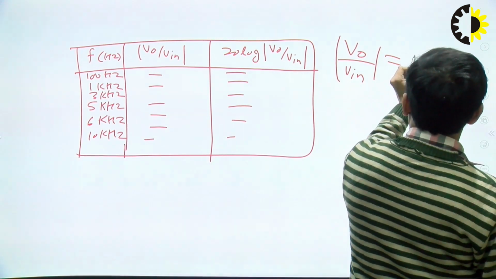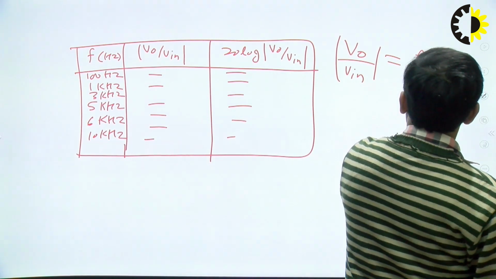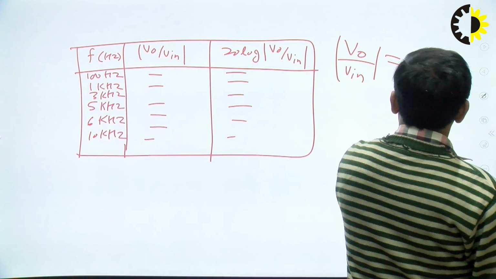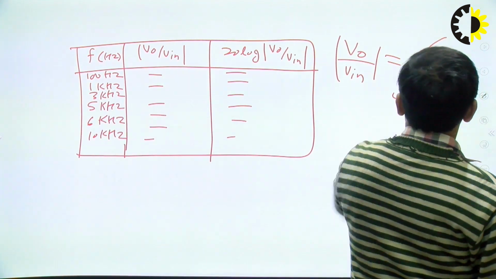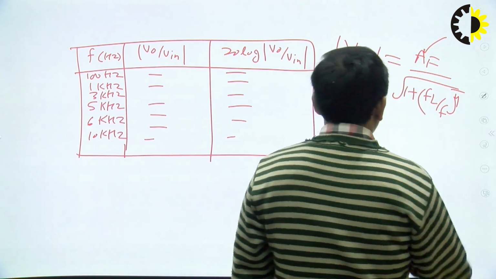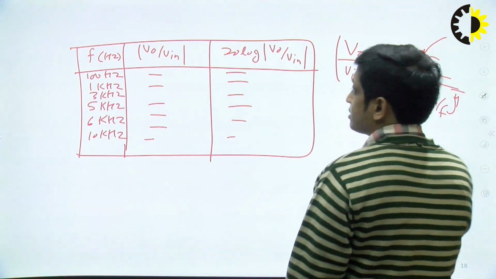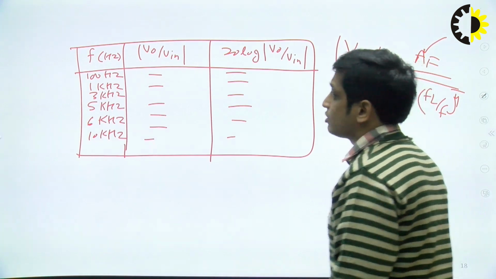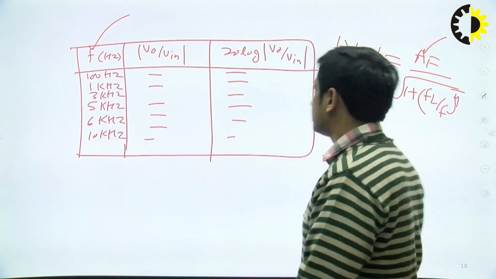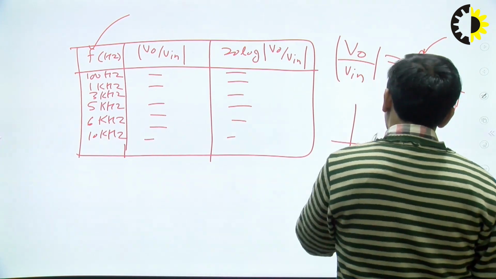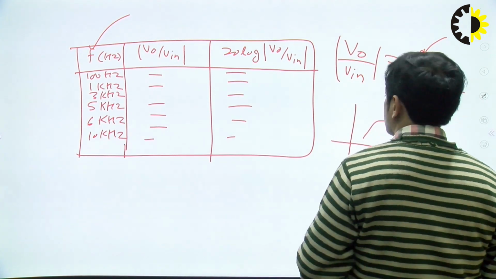For second order high pass filter, it is AF upon under root 1 plus (FL by F) to the power 4, where AF is the pass band gain, AF is 1.586, FL is given in the question, this FL is 5 kilohertz, and F is the frequency of the input signal. So after completing this table, you can draw the frequency response and you will get the frequency response like this.